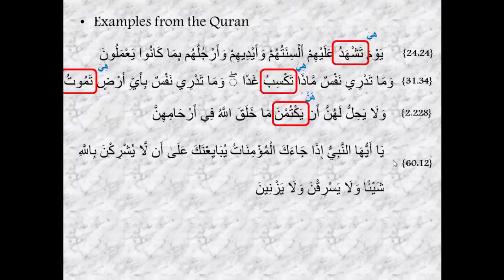From Surah Al-Mumtahina, يا أيها النبي إذا جاءك المؤمنات يبايعنك على ألا يشركن بالله شيئا ولا يسرقن ولا يزنين. So here we have يبايعنك. The kaf is an attached pronoun, so the verb is يبايعن.